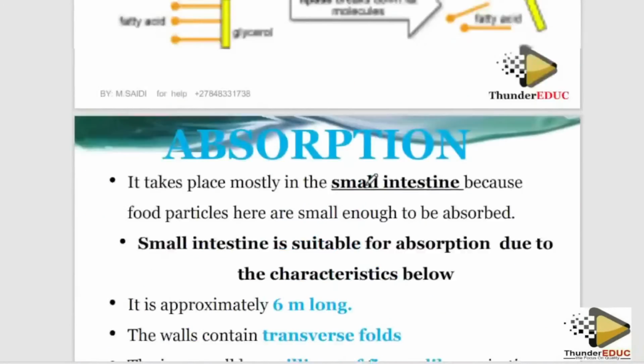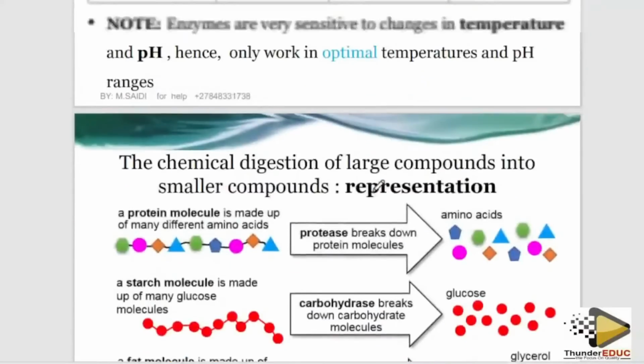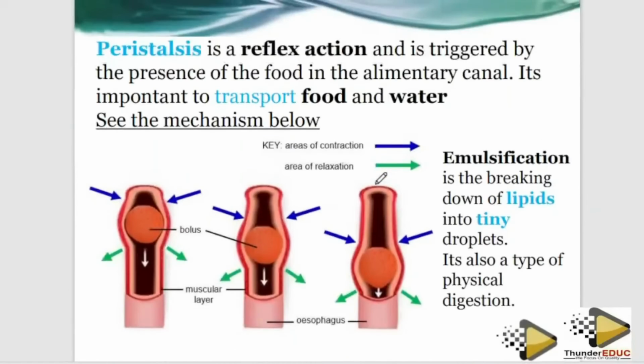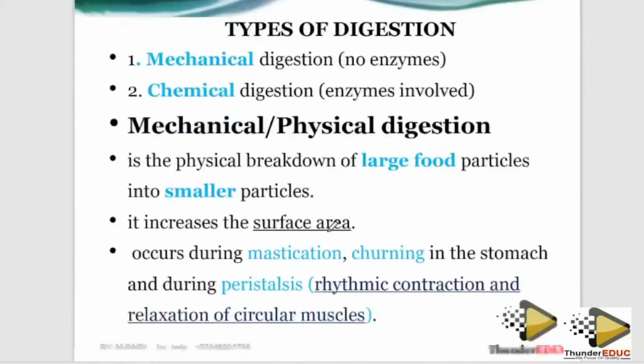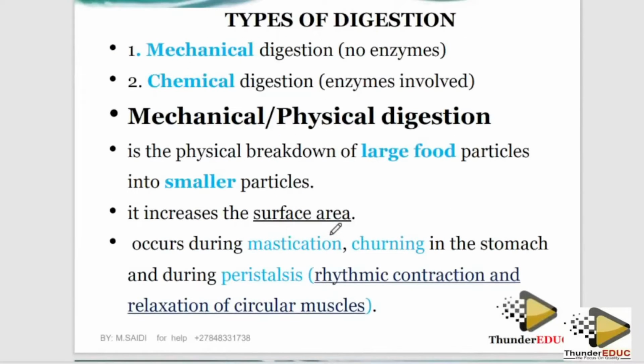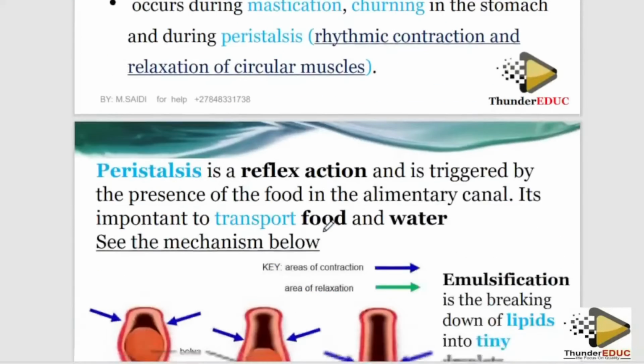Yes. So, how are these questions being set? This one, peristalsis, different types of digestion, mechanical digestion, and then chemical digestion. Yes. Cool. Mechanical digestion uses energy. Chemical digestion uses enzymes, meaning that in chemical digestion there is involvement of enzymes.